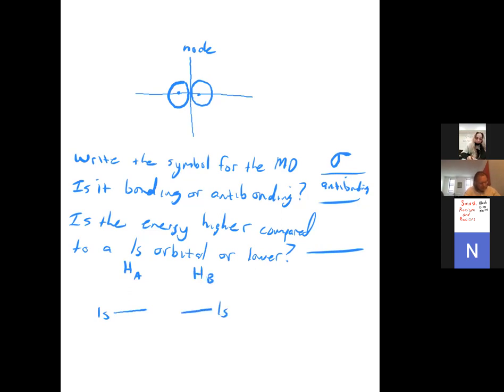What we said was, if it's a bonding orbital, it's going to be lower in energy than the energy of the atomic orbitals, right? These are the atomic orbitals. This is the molecular orbital. So if it's a bonding orbital, it's lower in energy. That's why the molecule forms, because the electrons are just going to pile in there. And now it's lower in energy.